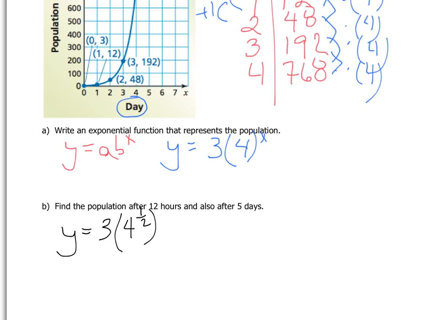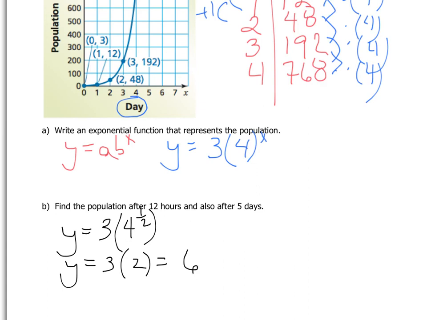We know that to the 1/2 power is the same thing as the square root of 4. So we would have 3 times 2, which would equal 6. And we know that that would be the population after 12 hours.